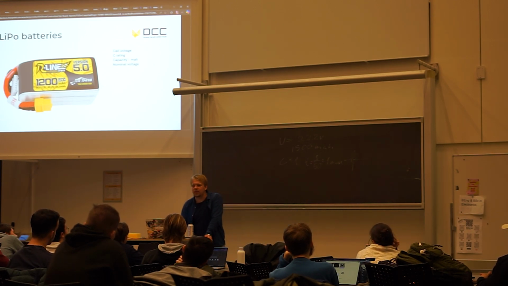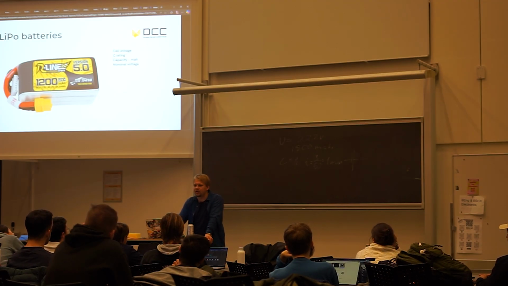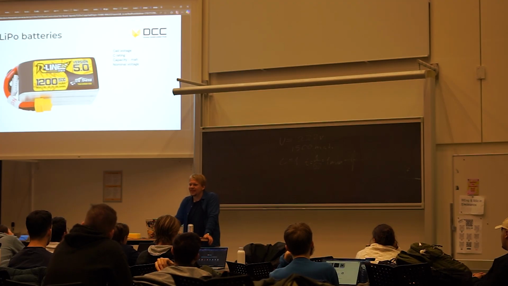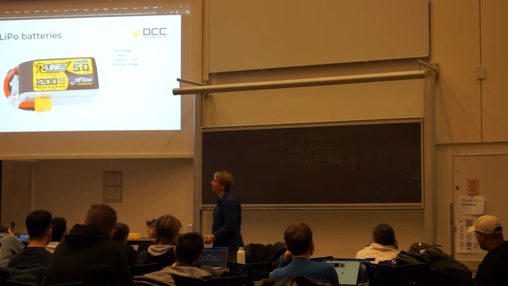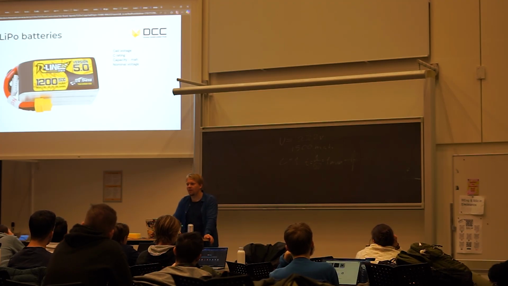If you need something that high, that's fair. Something that was 150 C would discharge the battery in 20 seconds. I've never seen them in real life. I've seen the number a lot, but I have not seen a battery that can just be discharged like that over and over and over again.